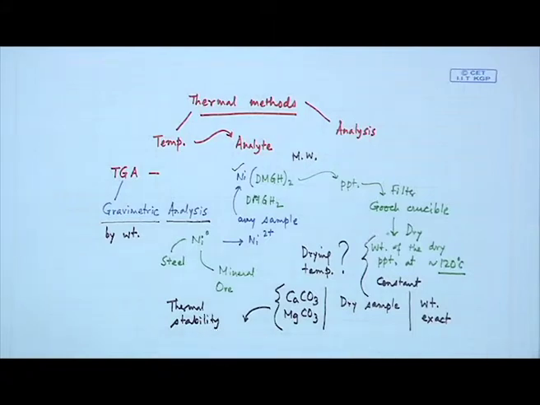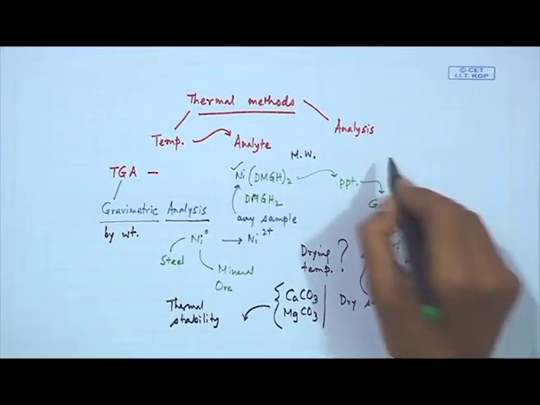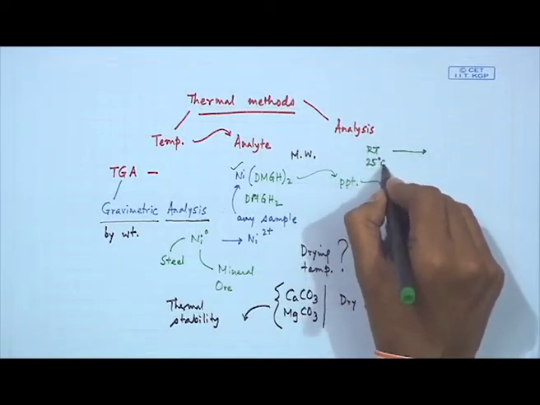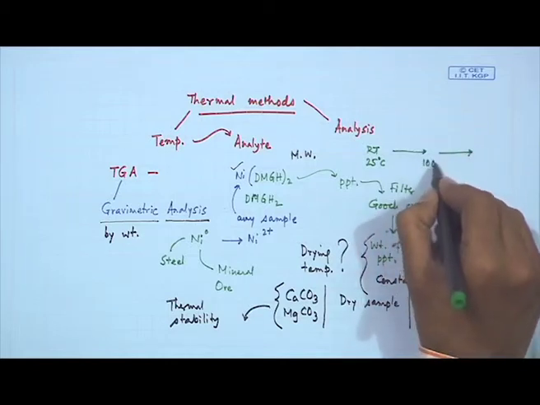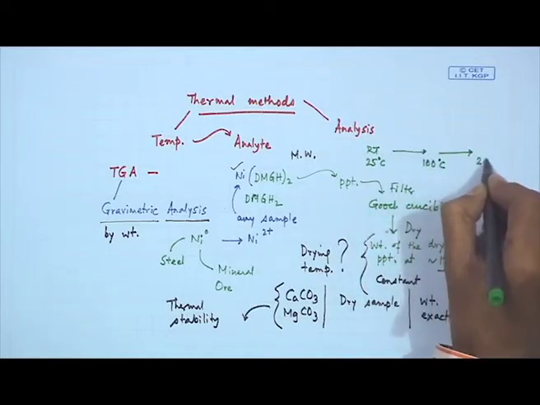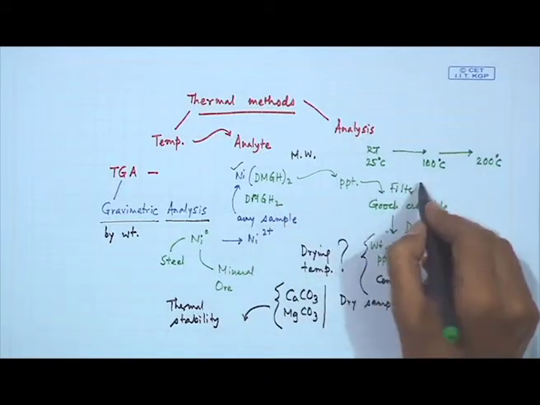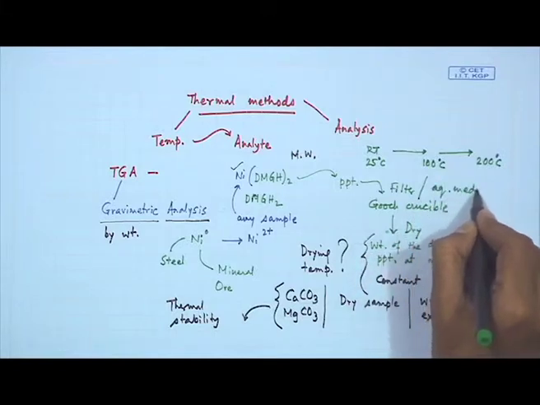This thermal stability is a very important thing for all these cases, and if we get this nickel DMG and try to heat it from room temperature, say 25 degree centigrade, and keep on heating at 100 degree centigrade, at 200 degree centigrade, and this has been filtered out from aqueous medium.